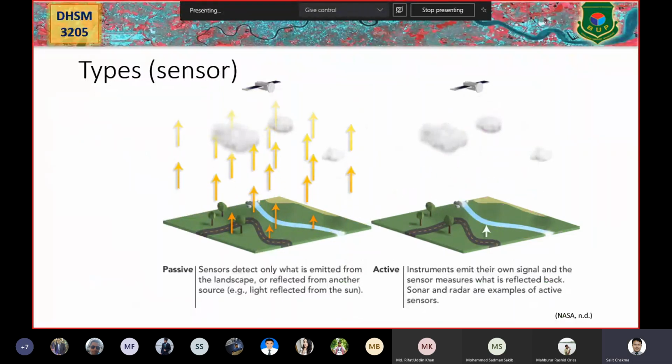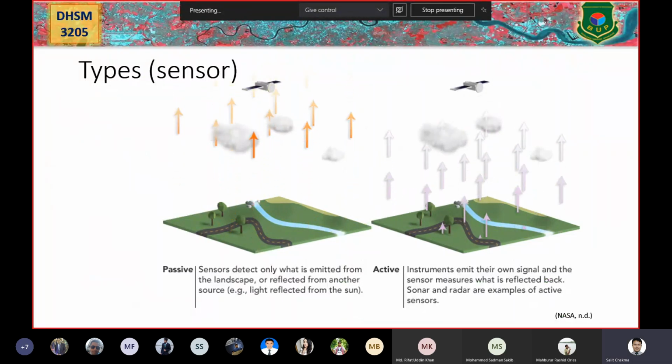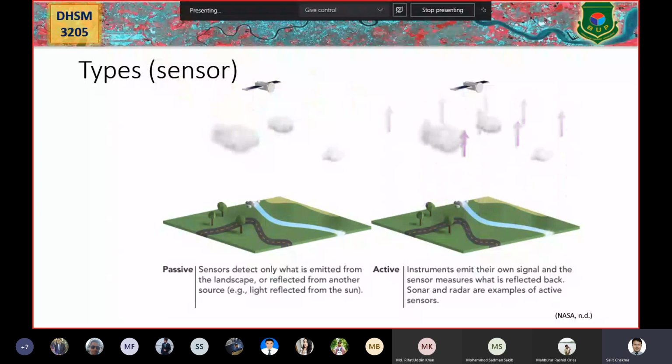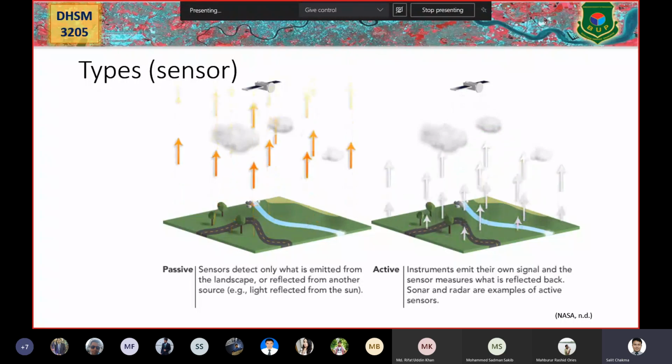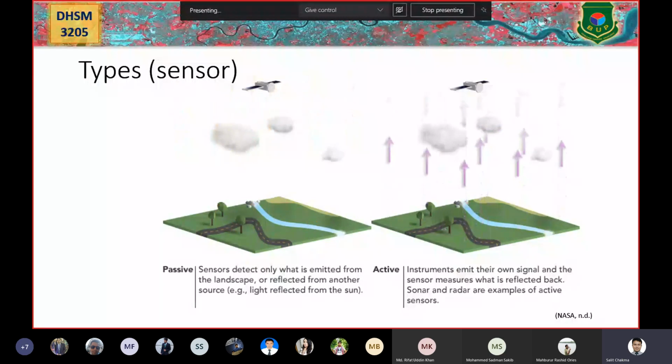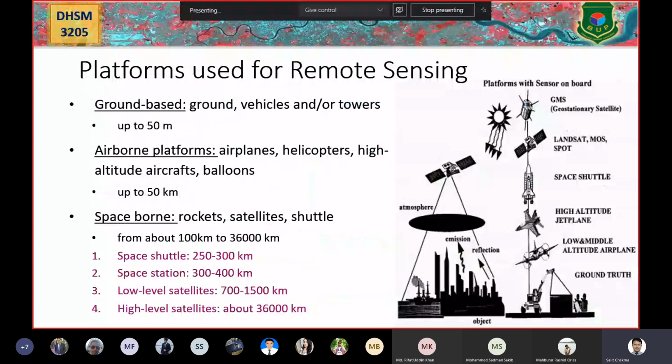Before the Eid vacation started, we were talking about the classification of remote sensing, and we were saying that remote sensing, at the very first, gets classified based on the altitude of the sensors.